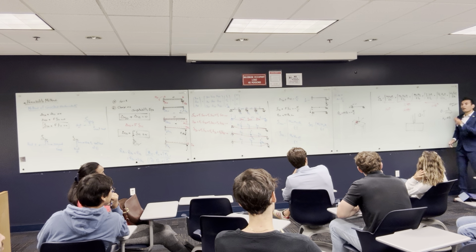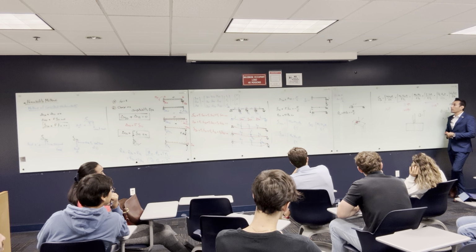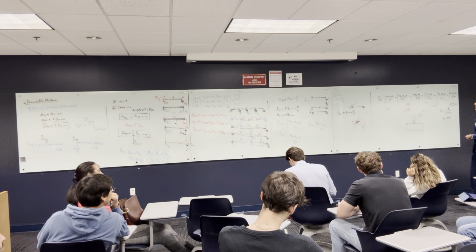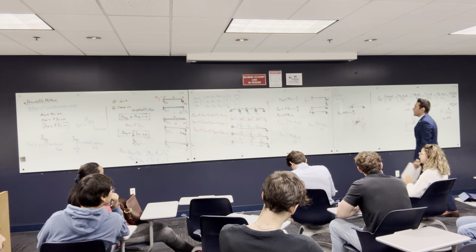So this is when you have a concentrated shear force, that's when it makes the value really high. All right, so let's solve an example and see how these principles apply.